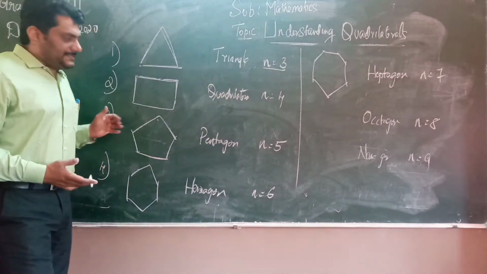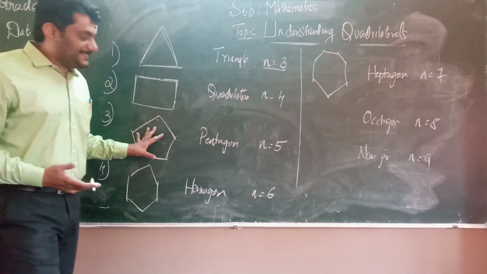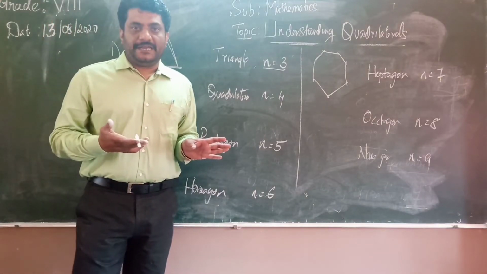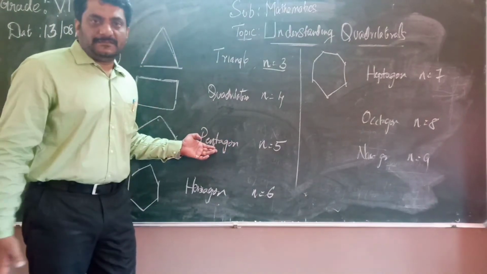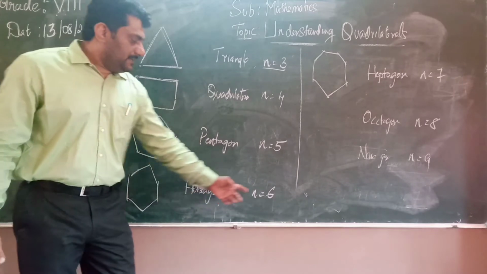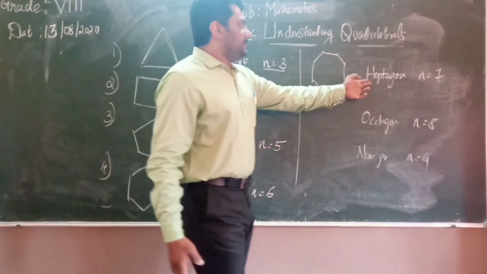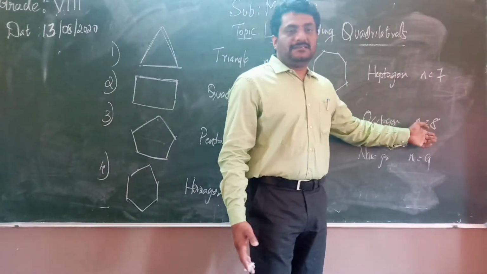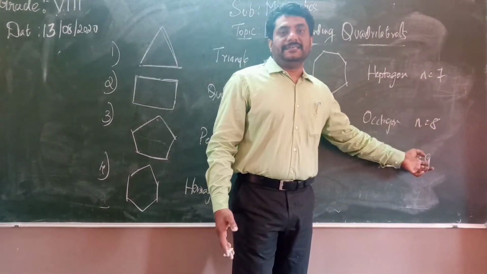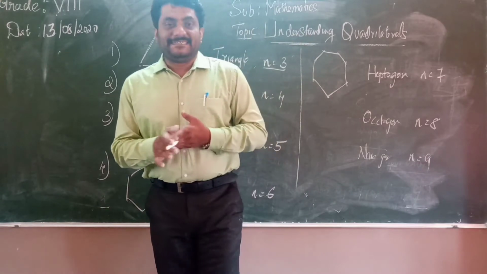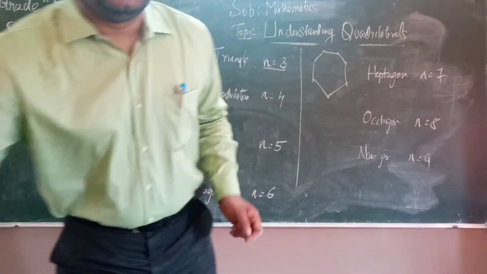When you have 5 line segments in a closed curve, it is called a pentagon. Similarly, 6 will be called a hexagon, 7 will be heptagon, 8 will be octagon, 9 will be nonagon, and 10 will be decagon.